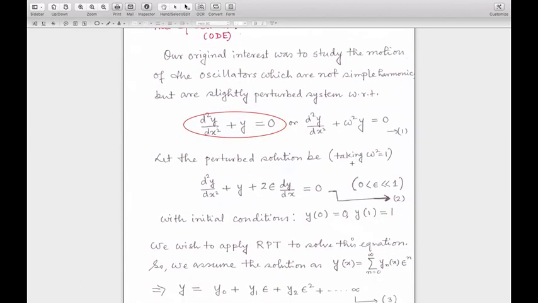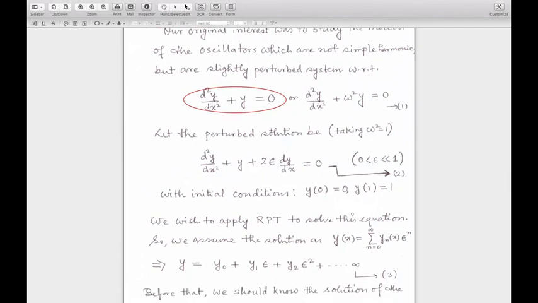So for unit angular frequency, the simple harmonic oscillation can be written in terms of y and x as d2y dx2 plus y is equal to 0. For oscillation you can easily understand x is equal to t or time, and y is the displacement. In some cases this is linear displacement, in some cases angular displacement, whatever.